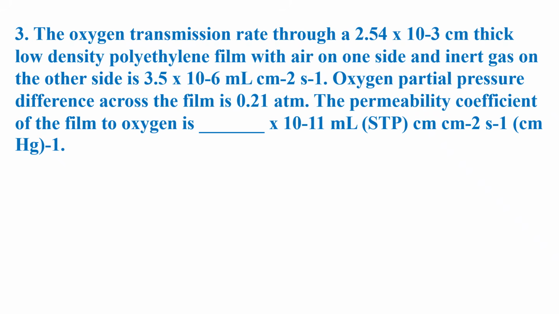A 2.54 into 10 to the power minus 3 centimeter thick low density polyethylene film, with air on one side and inert gas on the other side, has an oxygen transmission rate of 3.5 into 10 to the power minus 6. Oxygen partial pressure difference across the film is 0.21. The permeability coefficient of the film to oxygen is how much?